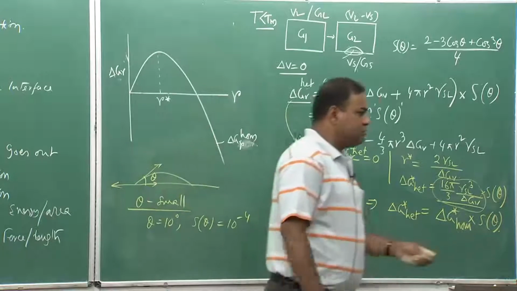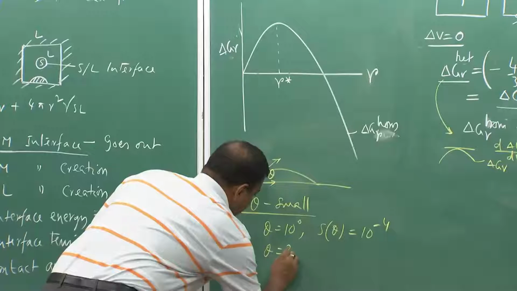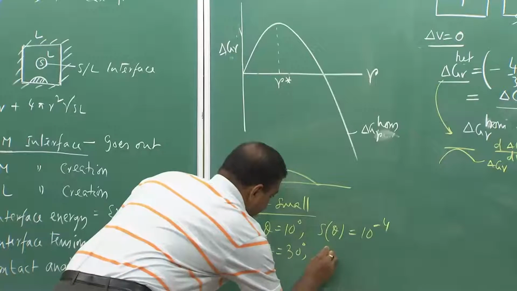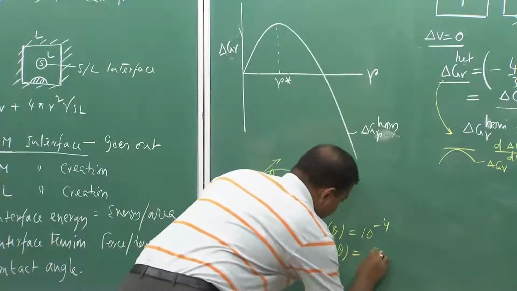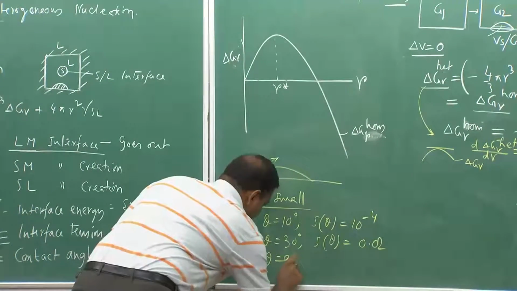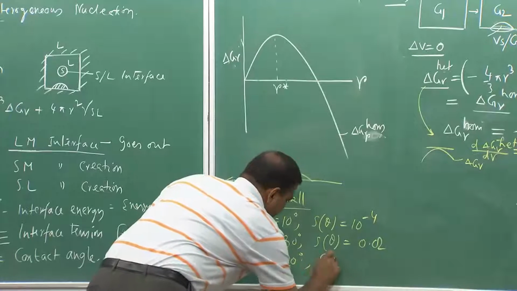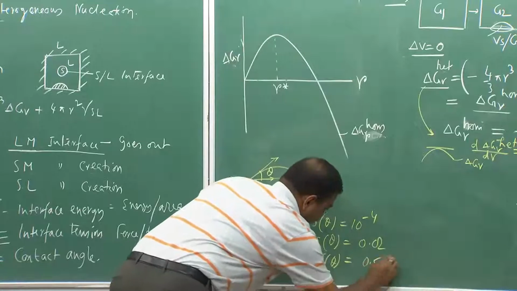Let me check the value. If theta equal to 30 degree, S theta would be equal to 0.02, and theta equal to 90 degree, S theta would be equal to 0.5.